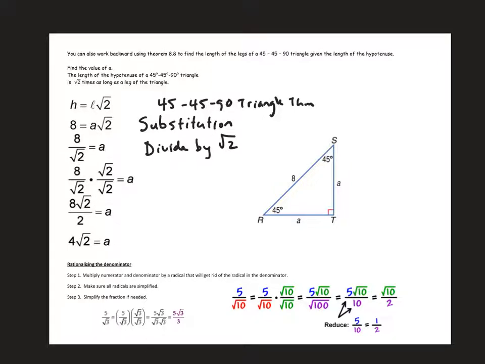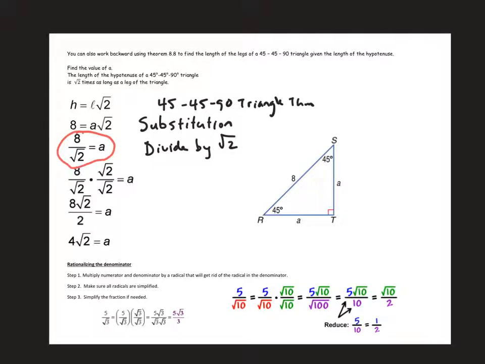Well, this is where we run into kind of an issue in mathematics. I'm circling it right here. Mathematicians do not like what I have circled when we have this square root of 2 in the denominator. So what we have is this thing called rationalize the denominator, meaning I want to take the square root of 2 away and make it a whole number. So how do we do that?